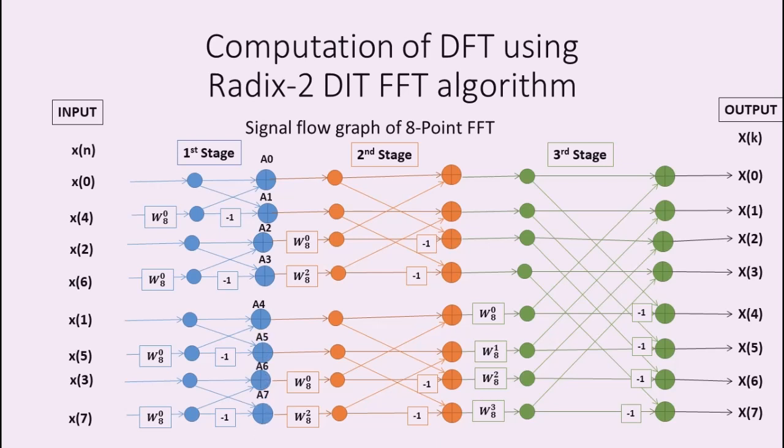For the second stage we use B0, B1, B2, B3, B4, B5, B6 and B7. And for the third stage we use C0 to C7. Now as the third stage is the final stage, we can neglect C0 to C7 as we can take output from x0 to x7.